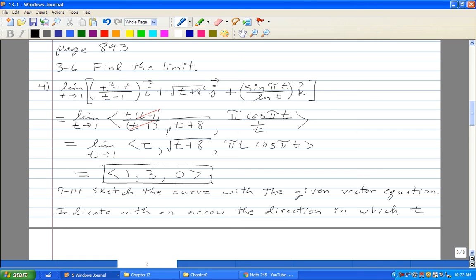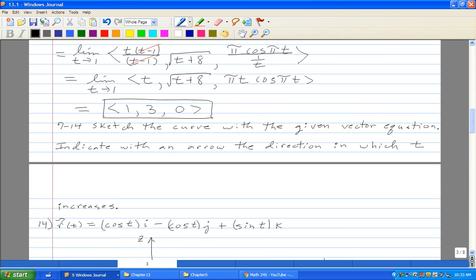In exercises 7 through 14, sketch the curve with the given vector equation. Indicate with an arrow the direction in which t increases. So I have here cosine t i minus sine t j plus sine t k.